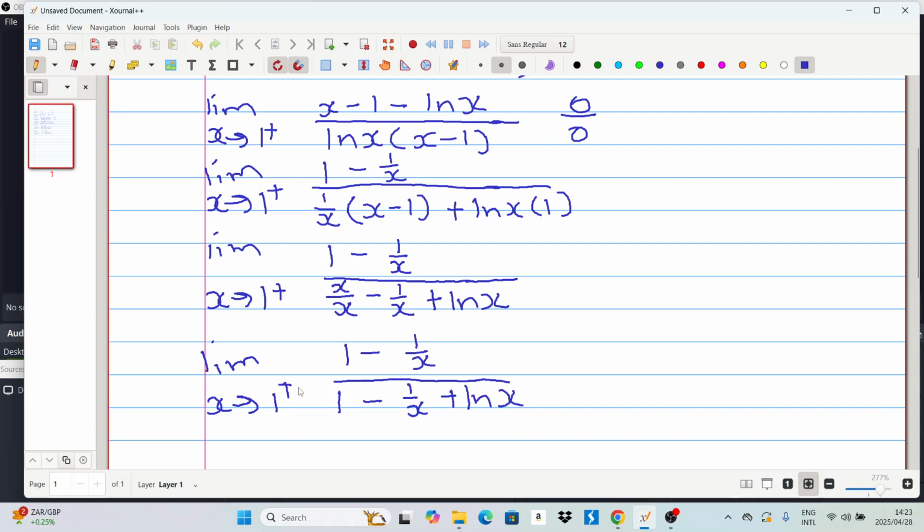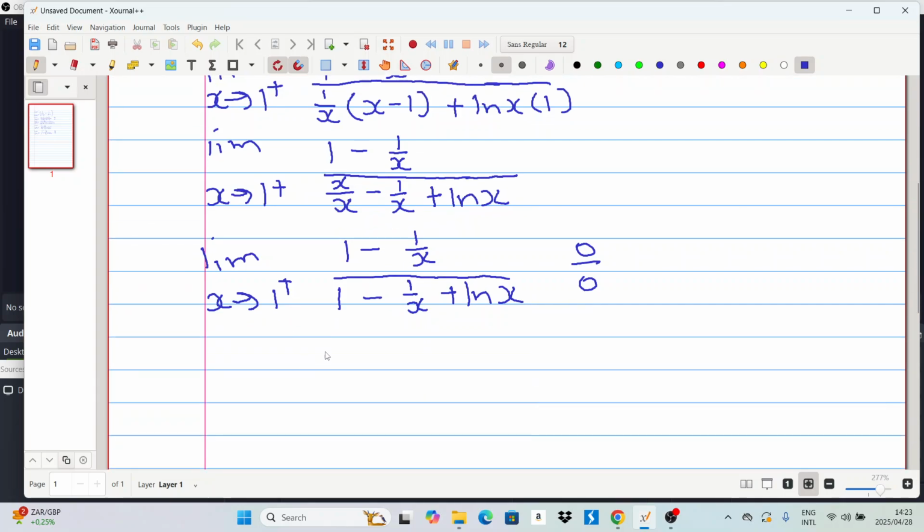Okay, let's try to substitute 1 again. We have 1 minus 1, which is 0 on top. Then the denominator 1 minus 1 is 0, plus ln 1 gives us 0 again. So we have a 0 over 0 situation again.